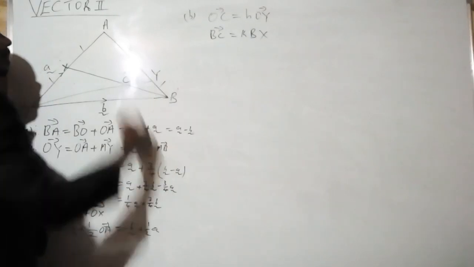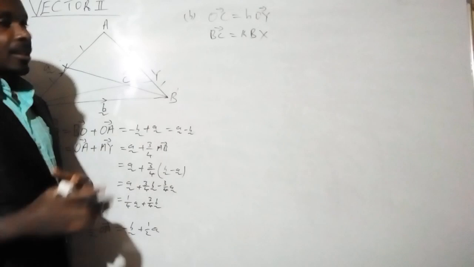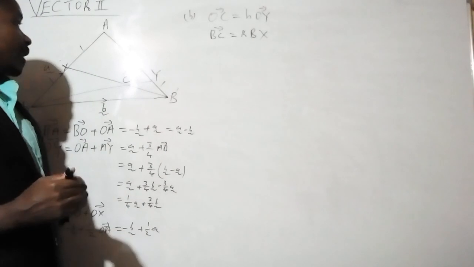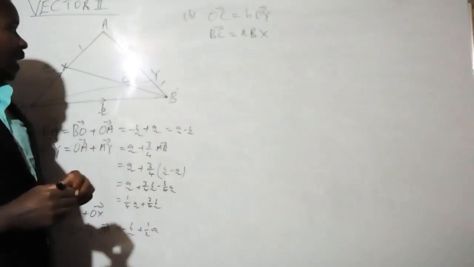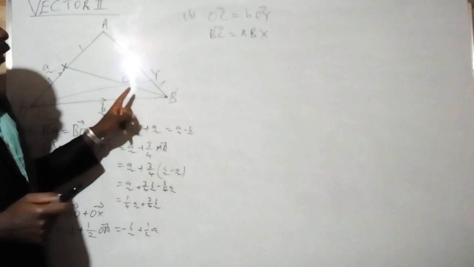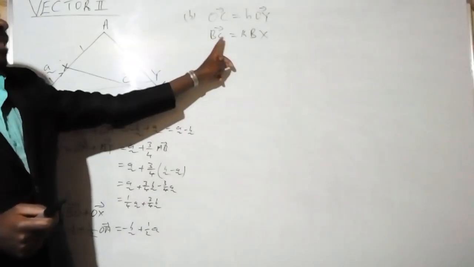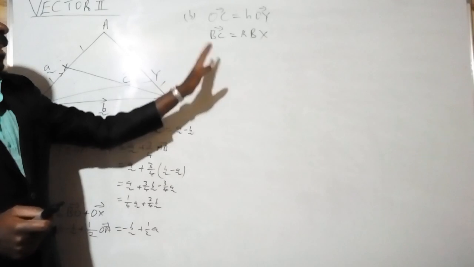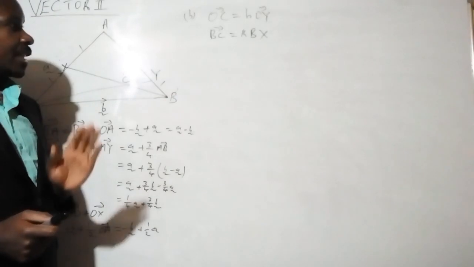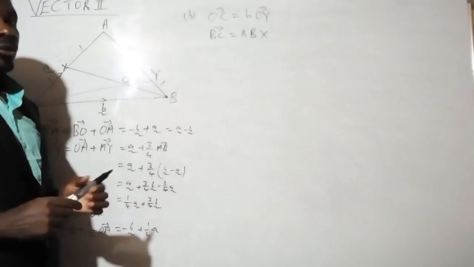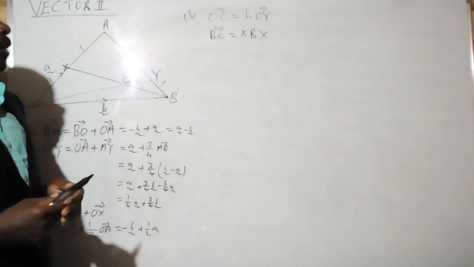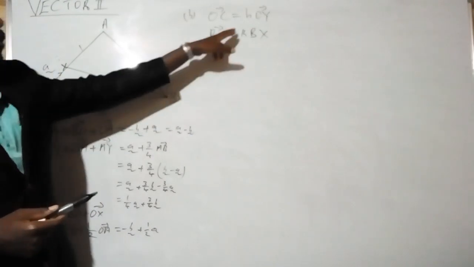In this part, you are supposed to identify a route in which you are going to incorporate both OC and BC, so that after that you can form 2 simultaneous equations. Those 2 simultaneous equations will help you to solve the value of H and K.